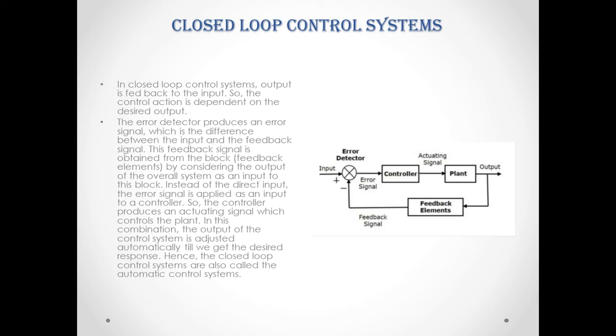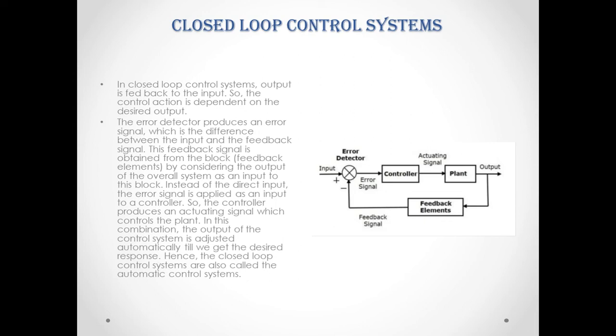In closed loop control system, accuracy is highly obtained. In open loop control system, accuracy is not obtained. In terms of cost, closed loop control system is much costlier than open loop, and open loop is economical. Closed loop control system is difficult to design, open loop control system is easy to design.